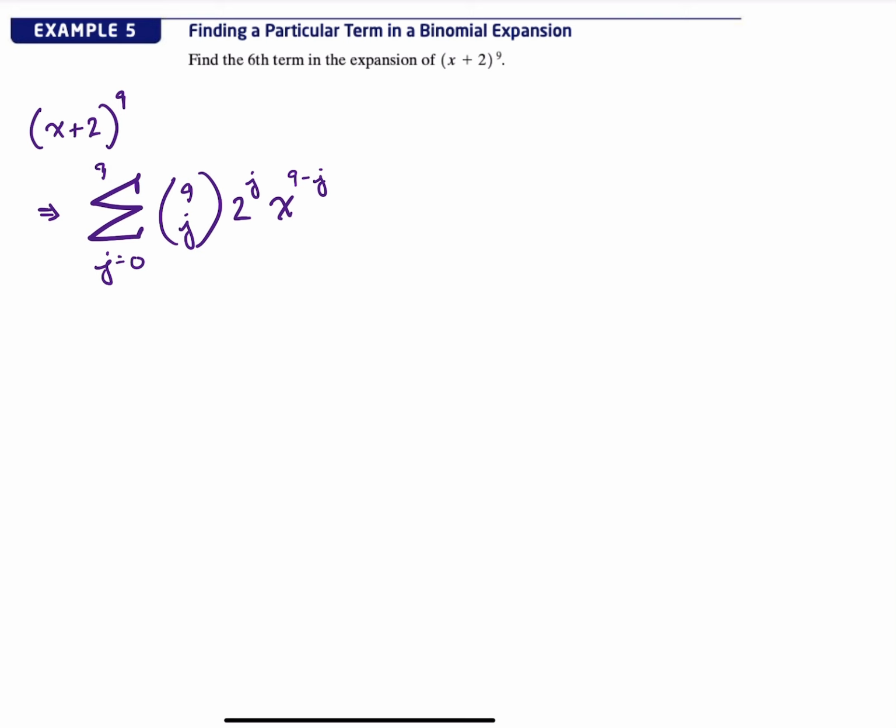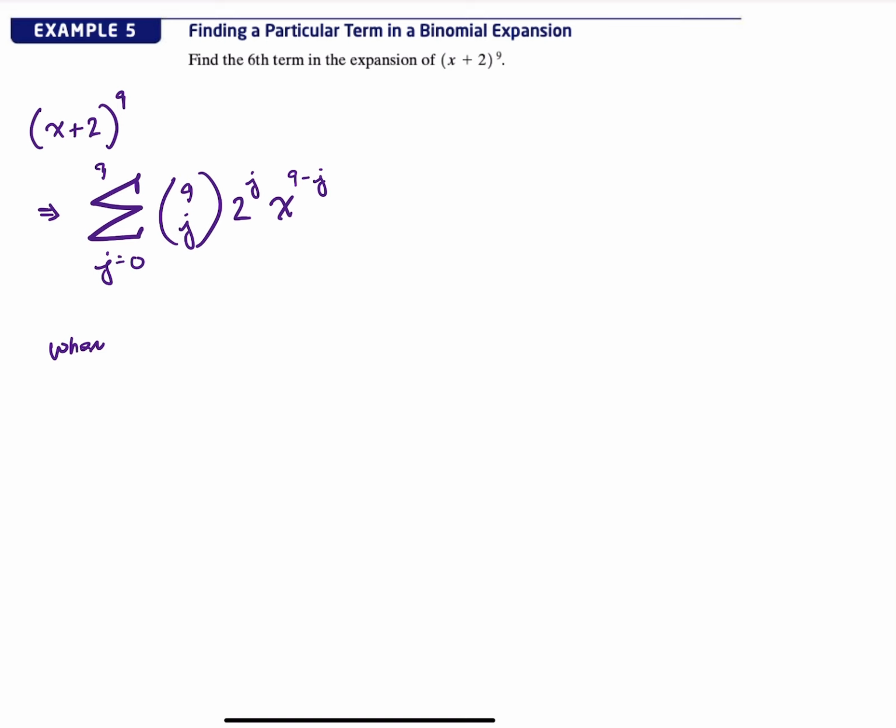And we just want the sixth term. So notice that we start counting at 0, so the sixth term will actually happen when j equals 5. So I just got to be a little bit careful there. It's tempting just to plug in 6, but we start the count at 0.